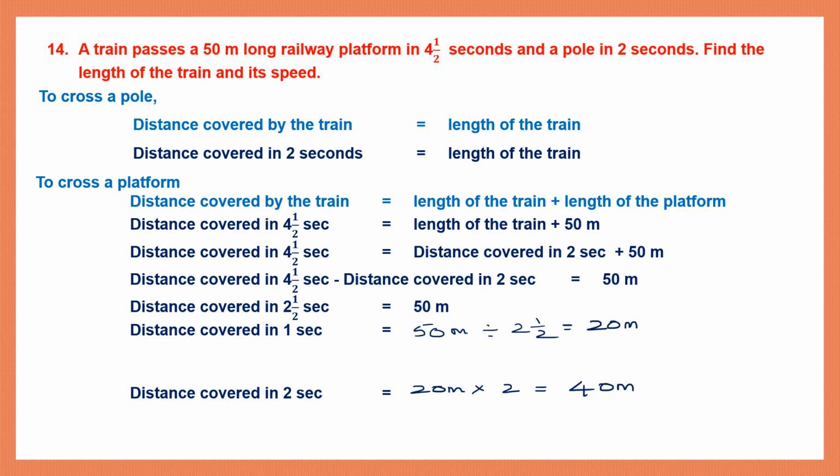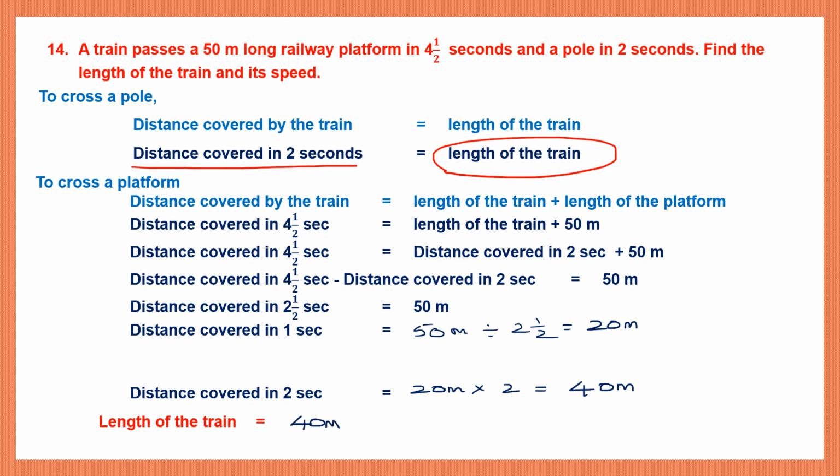So the distance covered in 2 seconds is equal to the length of the train. That means the length of the train is 40 meters.